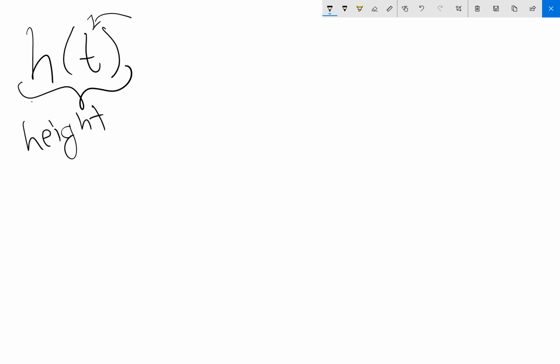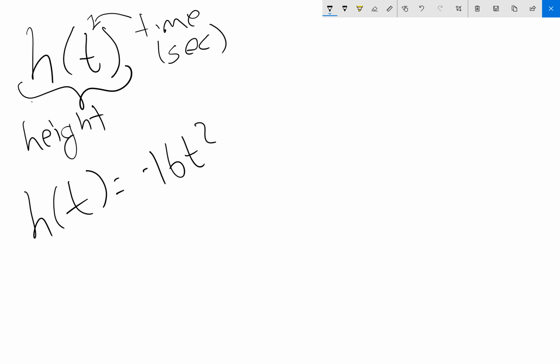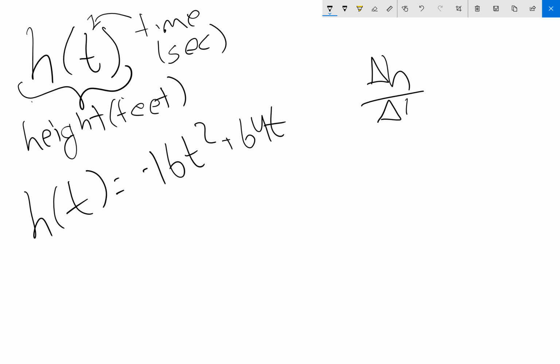Seconds is a unit of time, so this is time in seconds. h of t equals negative 16t squared plus 64t. And it's just saying that the height is in feet. So calculate delta h over delta t over the interval 2, 4.